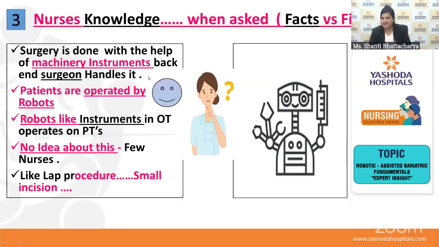The second nurse said the patients are operated on by robots. The third nurse said the robot-like instruments in the OT operate on patients. A few nurses said no idea about this. And one more nurse said, like lap procedure, a small incision will be done and the patient will recover.